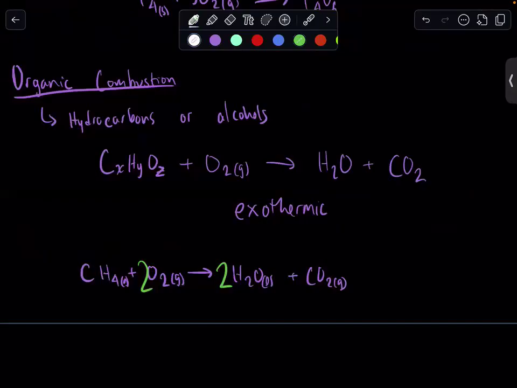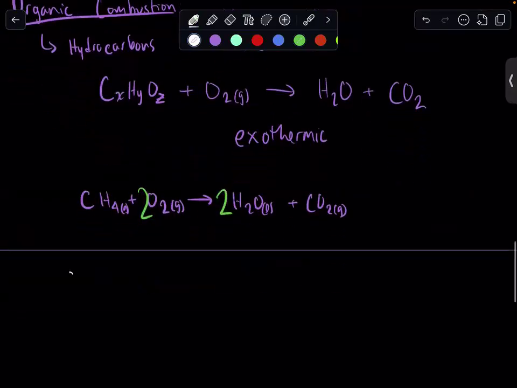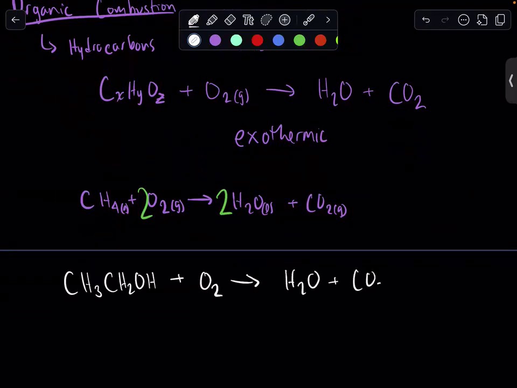We can do the same thing by replacing this with maybe ethanol. I'll write it out, CH3CH2OH plus O2 reacts to form H2O plus CO2, liquid, gas, liquid, gas. And in this case, we have 2 carbons, so I'm going to go ahead and double the carbon in CO2.